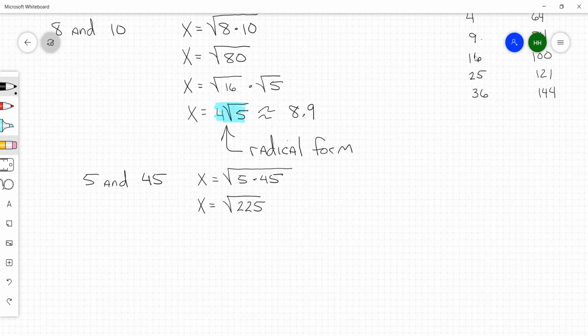Now, when you multiply these numbers under the radical and you get a value over 144 and you don't recognize it, just push the square root button, because the square root of 225 is what? Good, 15. So there is the geometric mean. 225 is also a perfect square. It's on your list. After 144, we go 169, 196, 225. You really should know your first 15 perfect squares.